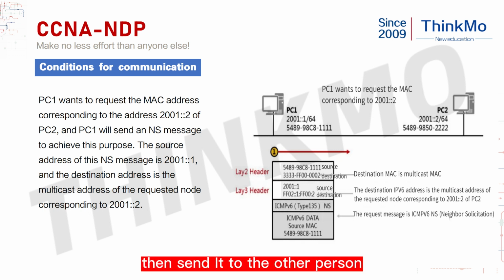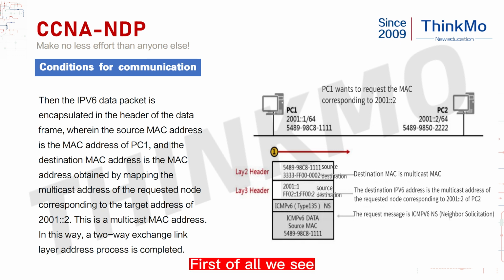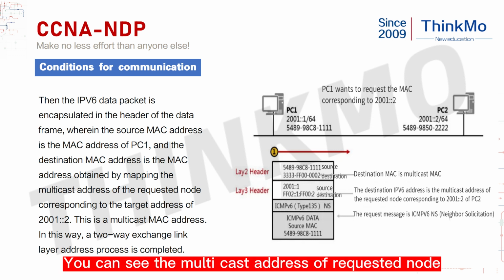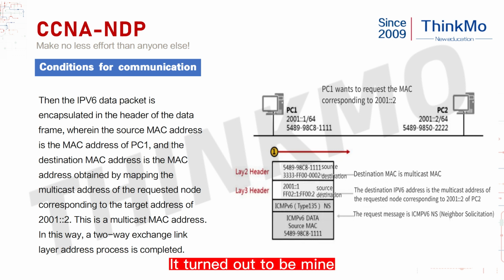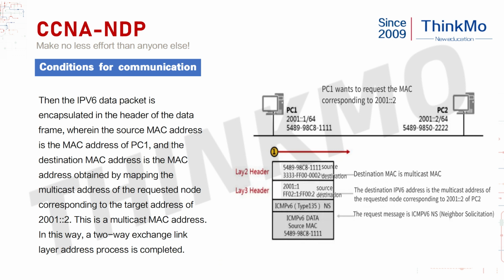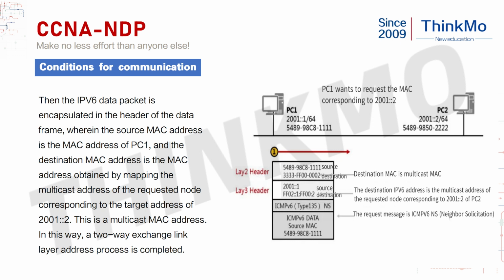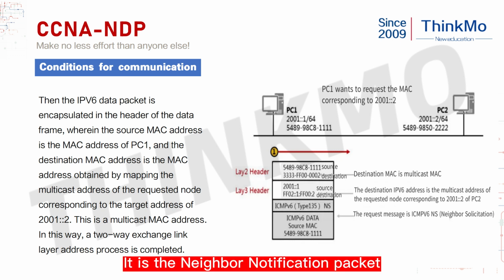Then send it to the other party. When the peer party receives the packet, first of all, inside this layer 3 packet, you can see the solicited-node multicast address of the requested node. It turned out to be mine, because I configured a global unicast IPv6 address. Therefore, the solicited-node multicast group is joined. At this time, it will respond with an NA packet. It is the neighbor advertisement packet.